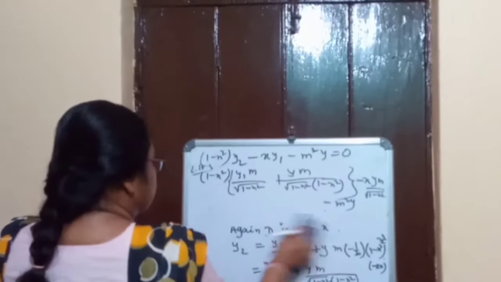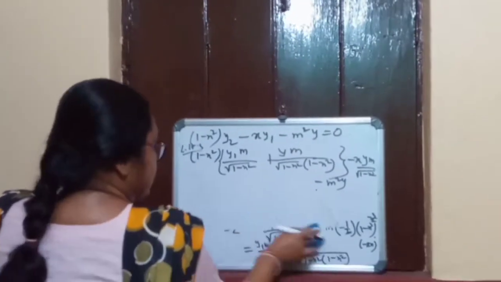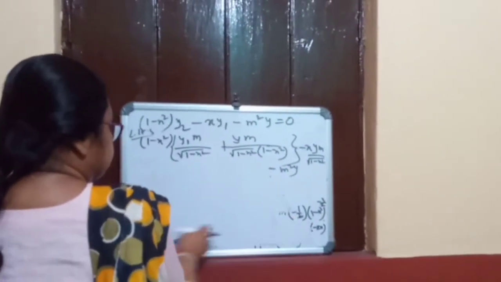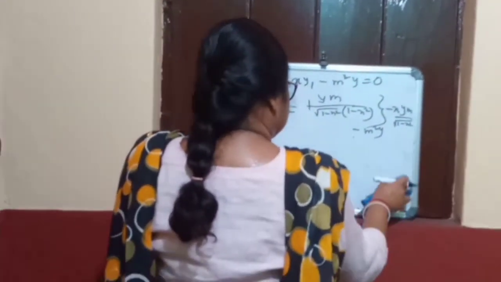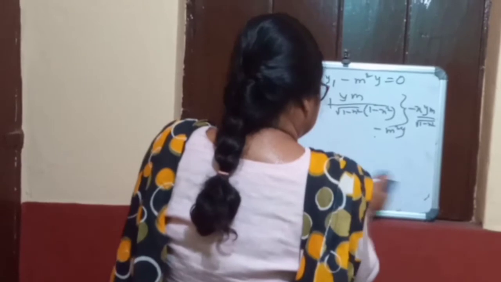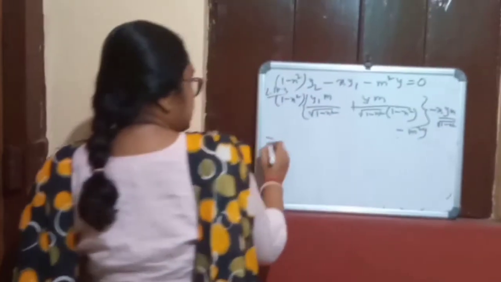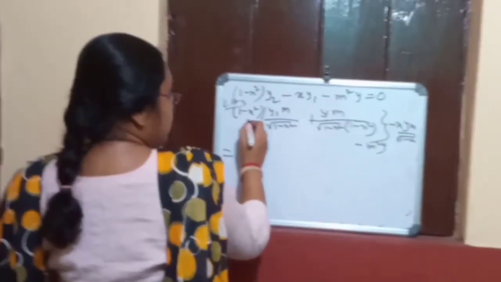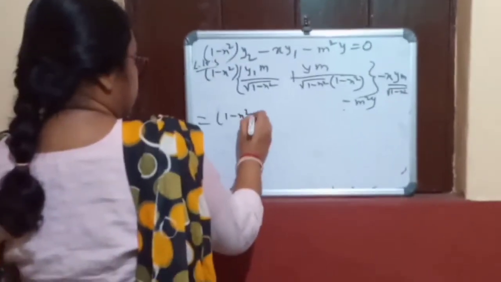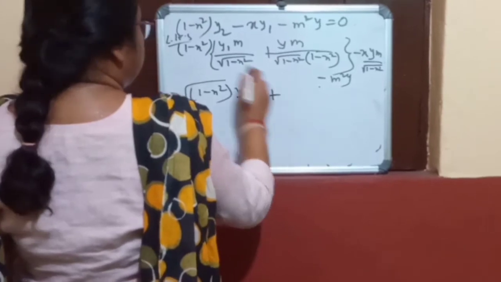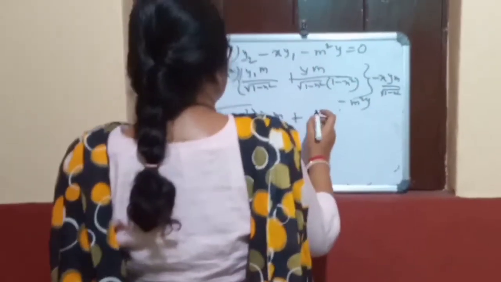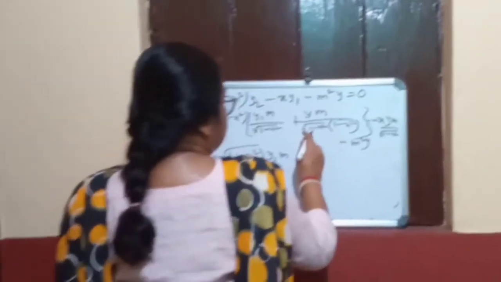And now calculate. This is equal to 1 minus x square is cancelled, y1 into m plus, put here.